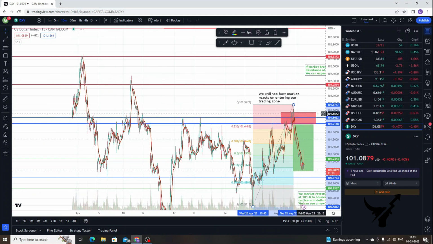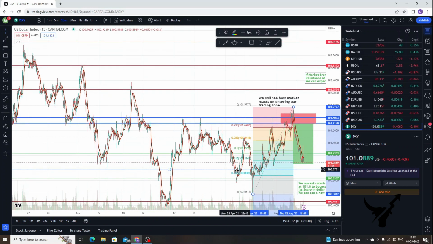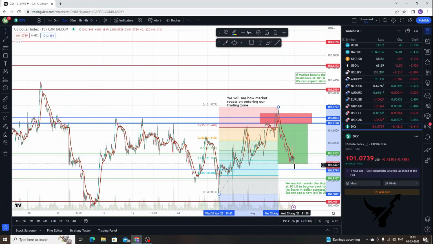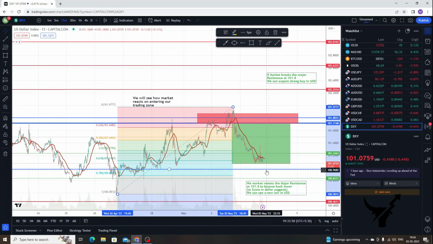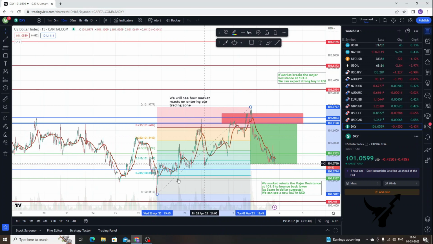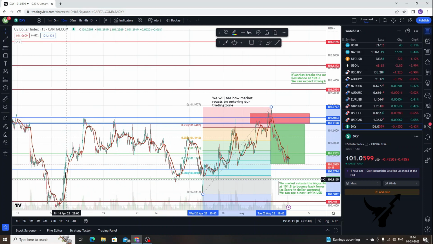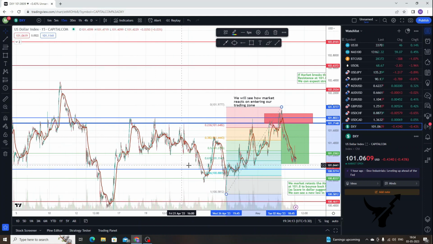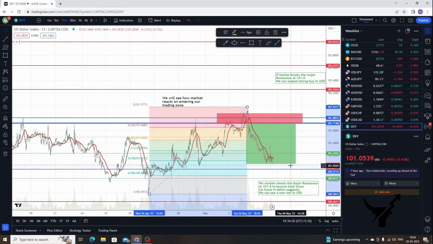If we just plot our support and resistances here, we have a good resistance here. We cannot expect the dollar to move down further from here. 100.9774 is where I've kept my resistance. You can see many times the dollar showed movement here. But this zone is, again, our trading zone.